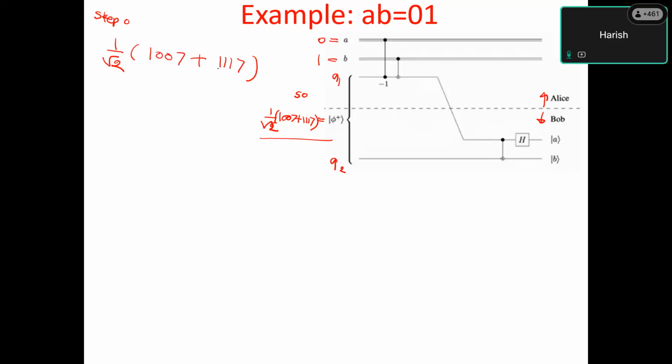Now what we are doing is depending upon the value of A. On the first qubit, see here, this is your first qubit Q1, this is your Q2.